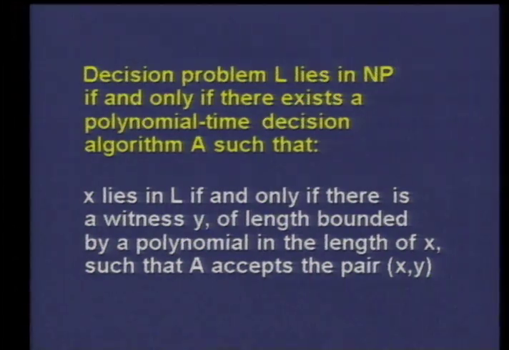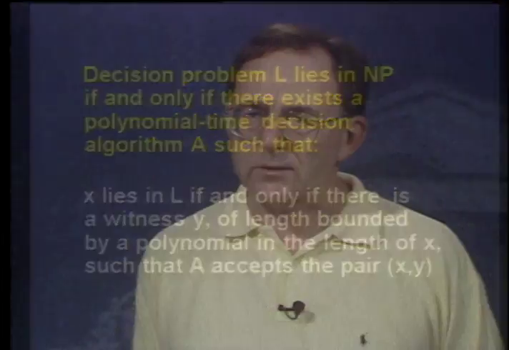To illustrate this definition, let's talk about the following decision problem. Given an integer, decide if the integer is composite or factorable. A composite integer is a number like 15, 3 times 5, or 56, 7 times 8, which can be written as the product of two factors, as distinguished from prime numbers like 7, 11, or 13, which cannot be factored in such a way.